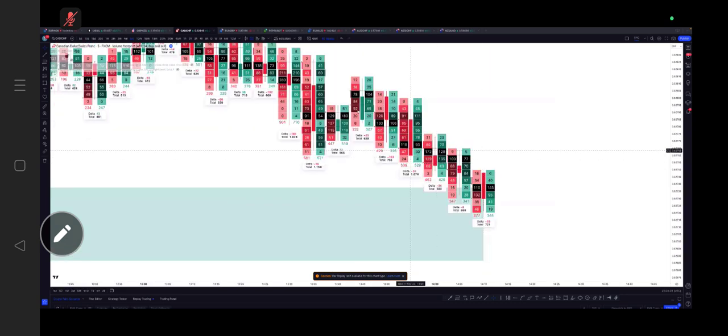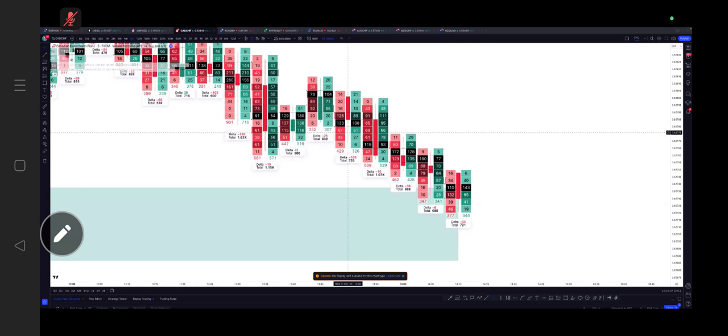This is a buy POI. You know that price will sell into this zone before you look for buys. You can see red here, green, bid and ask, bid and ask. But at the end of it, you are seeing more red. That means sellers are in control.